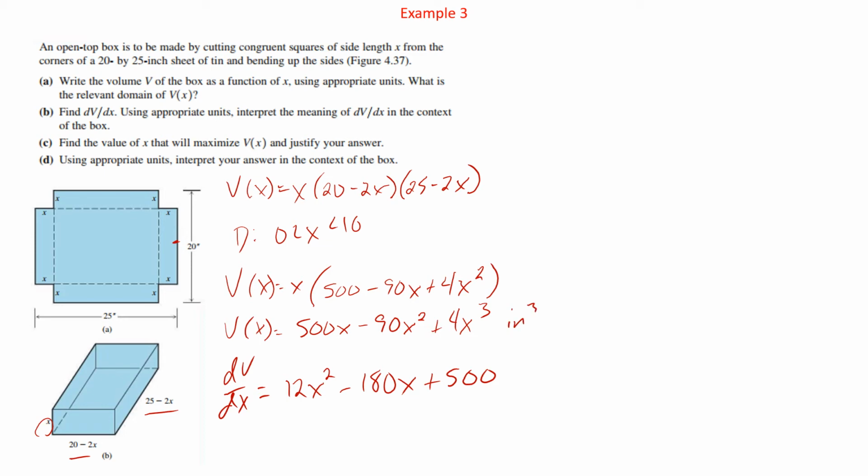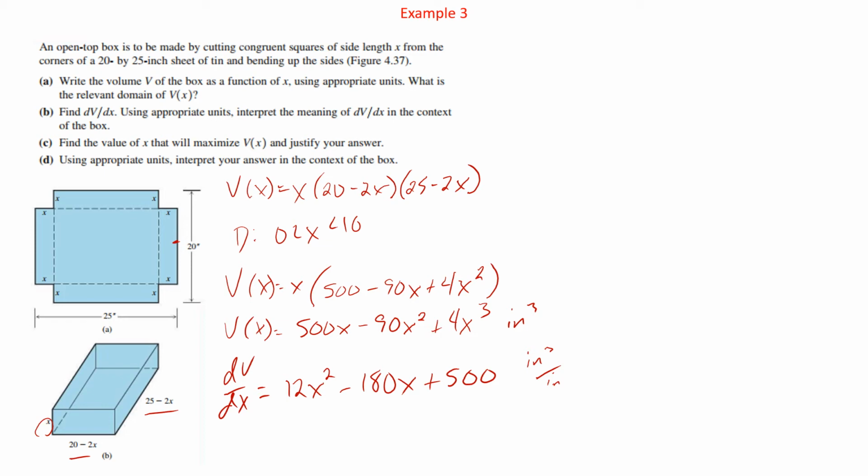The dv over dx would be cubic inches per inch, which is kind of weird. It's cubic inches of volume per inch of x that we're taking off the side. Kind of almost want to make that square inches, but it doesn't work out that way. It's cubic inches per inch. Strange.